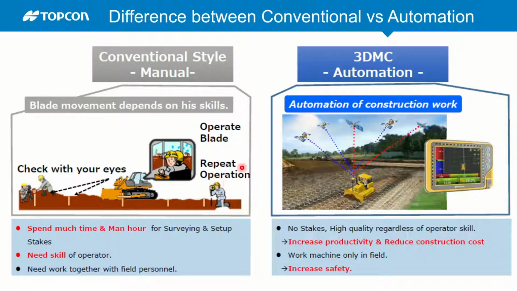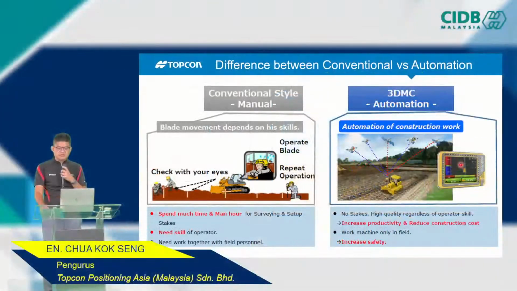Once you have the 3D design data, which like what Tan has just shared, it can automatically transfer to the screen, like the mini iPad we have seen, that the operator can see for doing the cut and fill. So for 3D machine control, you do not need staking, and the result will be high quality regardless of operator skill.